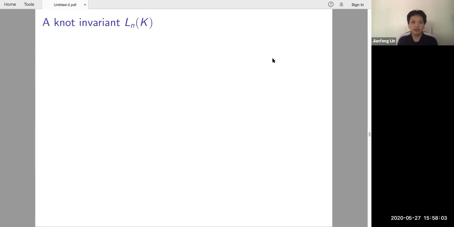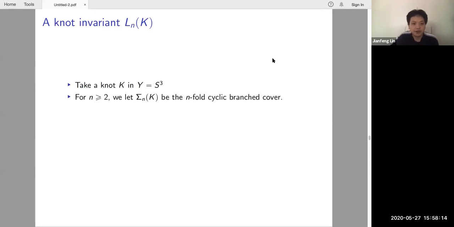Okay, so let me start by defining the knot invariant L_n(K). From now on, we will just take our knot to be a knot inside a 3-sphere. And for n greater than or equal to 2, we will denote the n-fold cyclic branch cover of S^3 with branching set K by Σ_n(K).